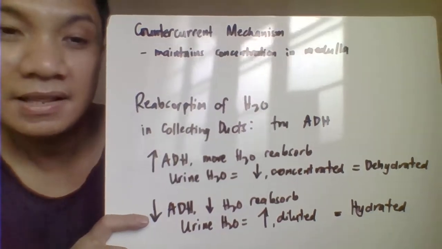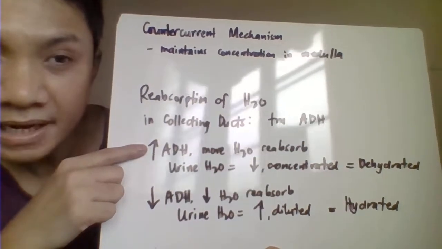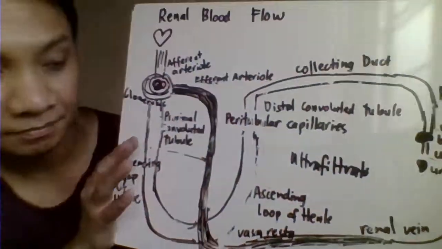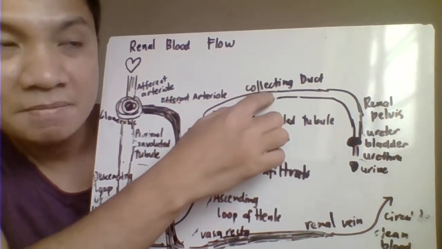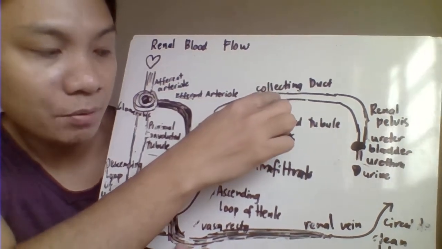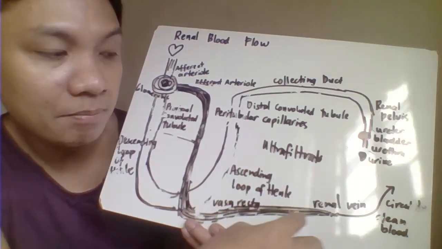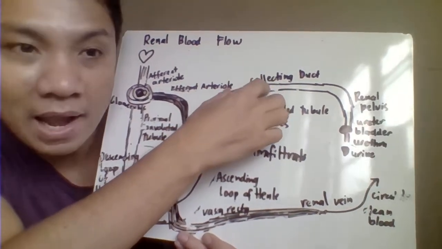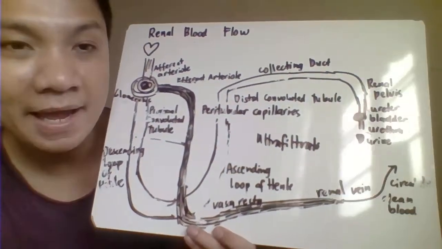Other name for your antidiuretic hormone is your arginine vasopressin. So, pag madami kang antidiuretic hormone, madaming water ang marireabsorb. Tama? Pag madami kang antidiuretic hormone dito sa collecting ducts, madaming water ang marireabsorb. Pag madaming water marireabsorb, madaming water babalik dito sa blood vessel natin papunta sa ating blood circulation. So, pag ang water mo dito nawala because na-reabsorb siya, ang urine output natin ay, ano mangyari?